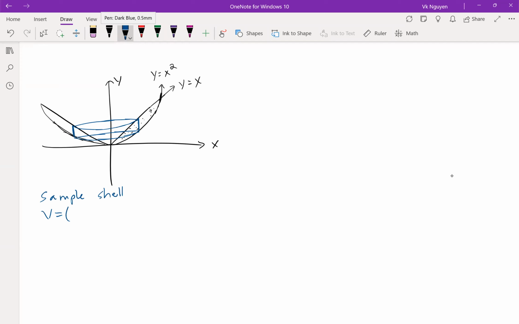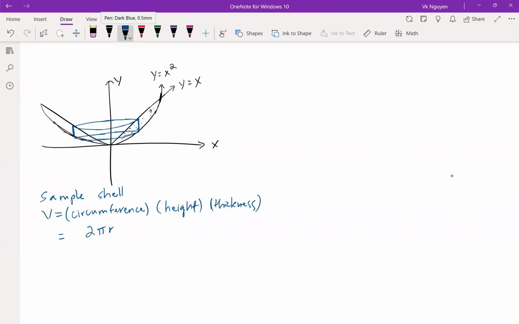Volume of the sample shell is circumference multiplied by height multiplied by thickness. Circumference is 2 pi r.